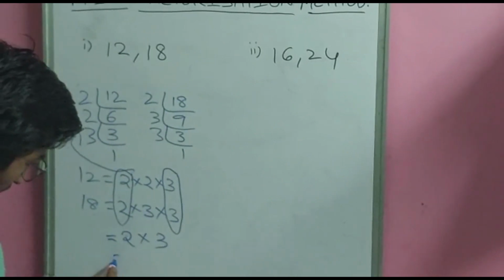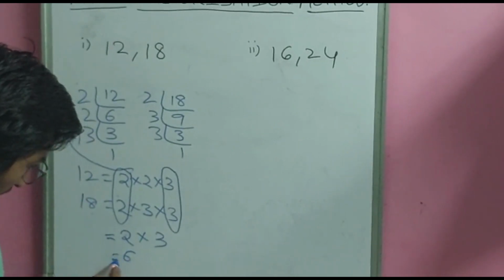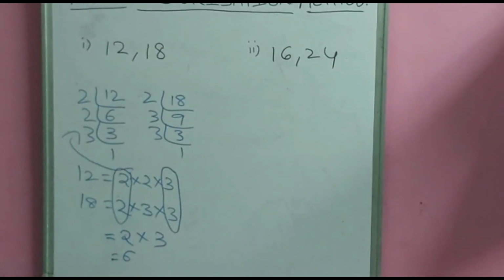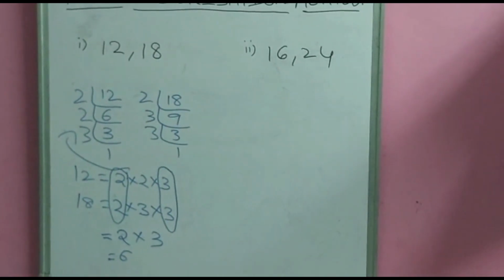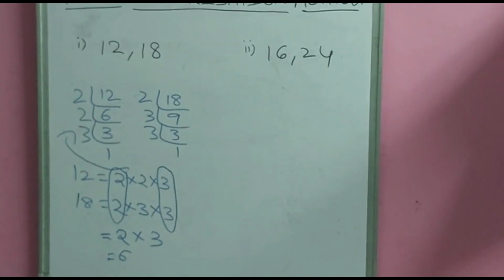So the HCF of 12 and 18 is 2 threes are 6. We get the same answer as in the previous case. Therefore the HCF of 12 and 18 is 6.